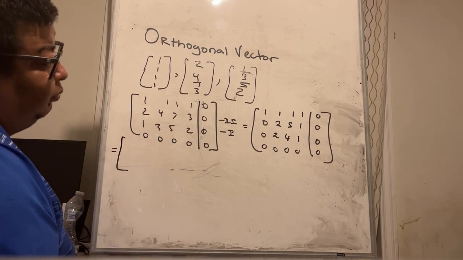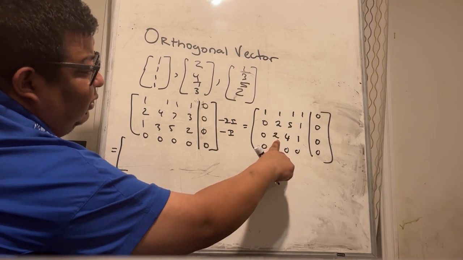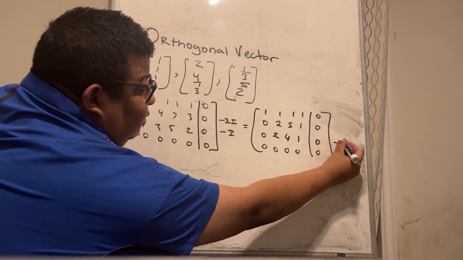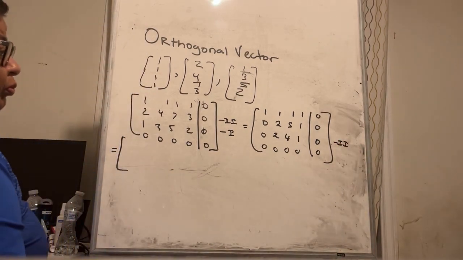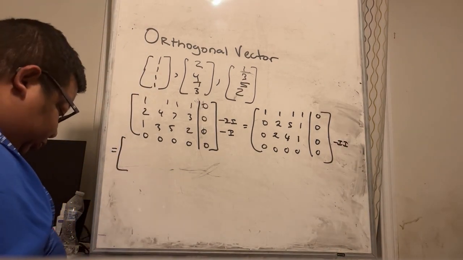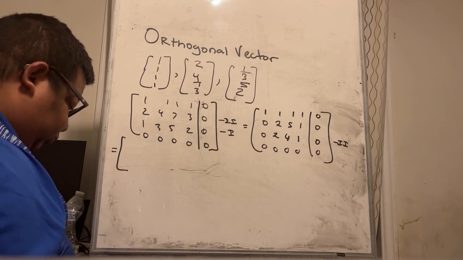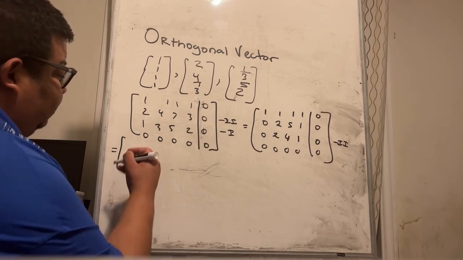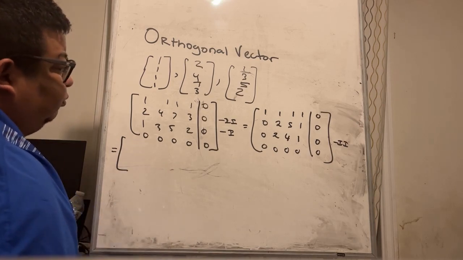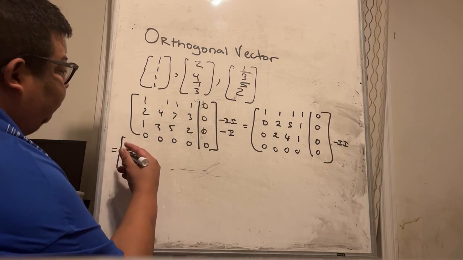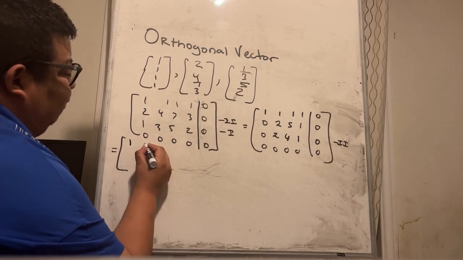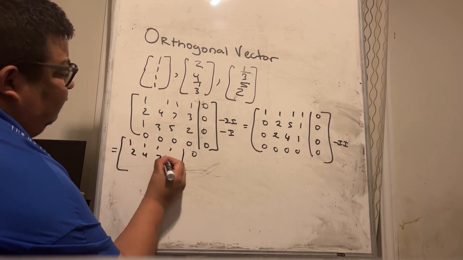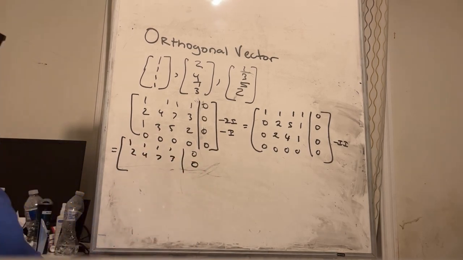The next step is to get rid of these two here. So the way we do it is like this. We're going to do minus 2. We have 1 1 1 1 0, then 2 4 7 3 0.